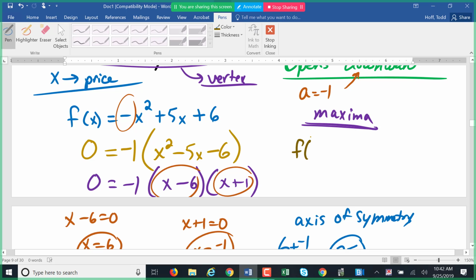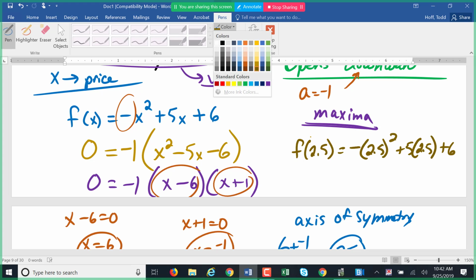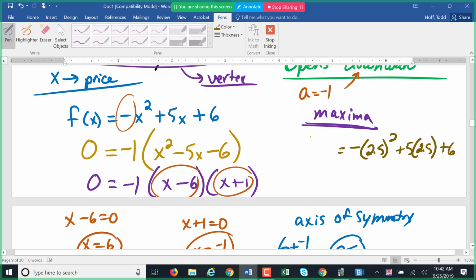So f of 2.5 equals negative 2.5 squared plus 5 times 2.5 plus 6. 2.5 squared is 6.25, so it's going to be a negative 6.25. 5 times 2.5 is 12.5, of course, plus 6.